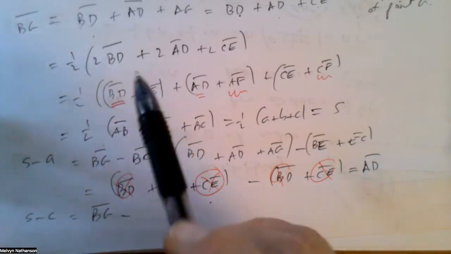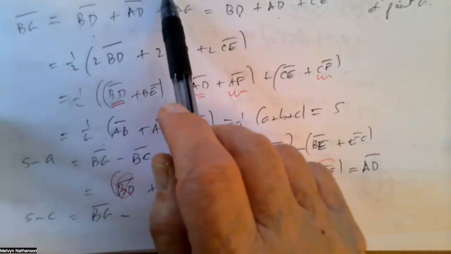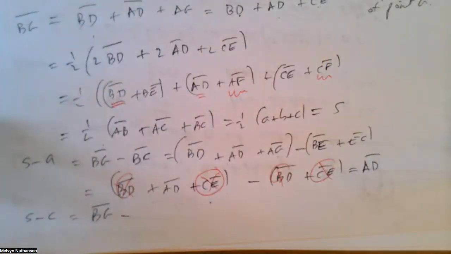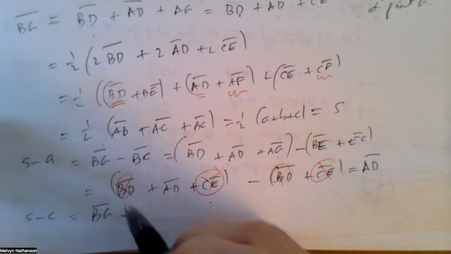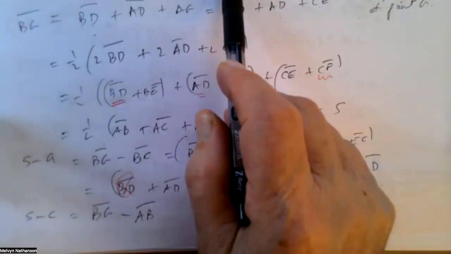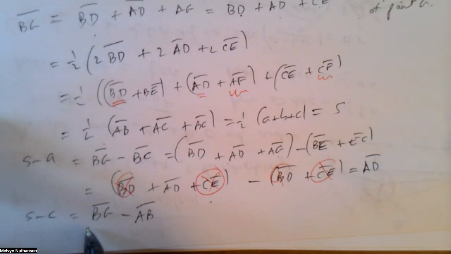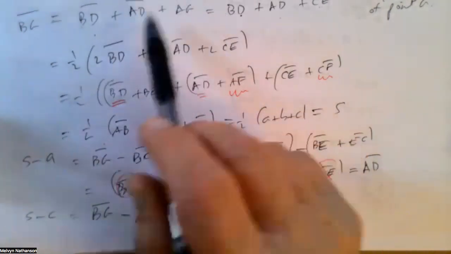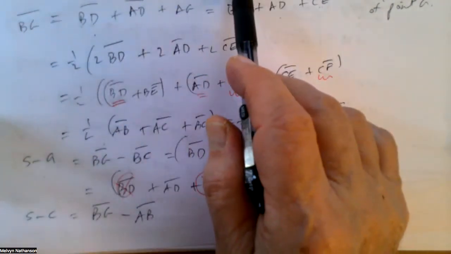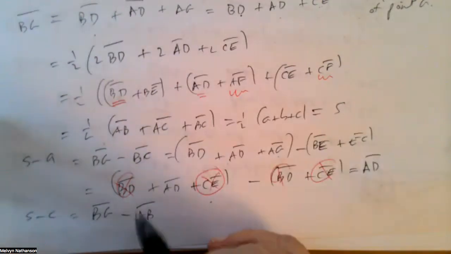C is the distance from A to B. If you take the distance from B to G minus the distance from A to B, right?